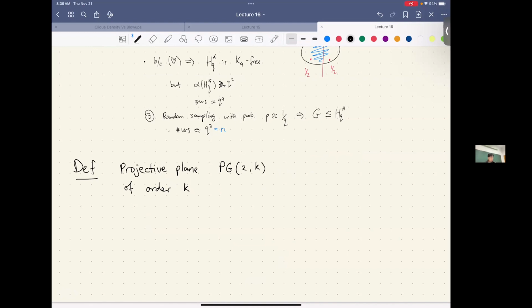This finite projective plane is nothing but a collection of points and lines.